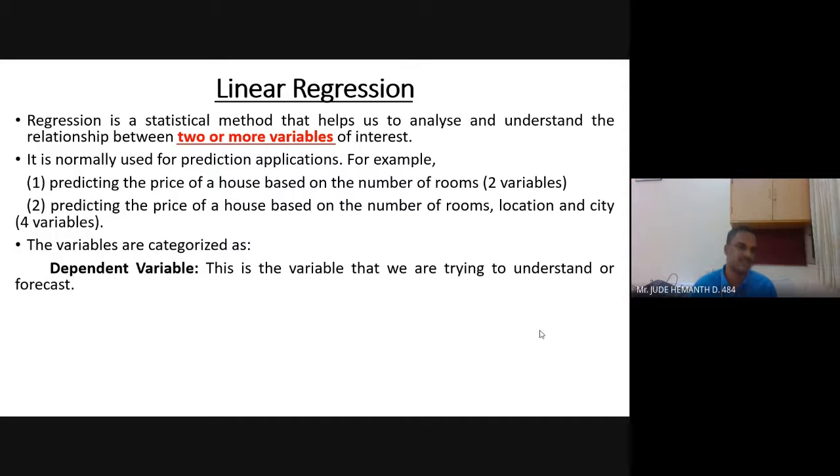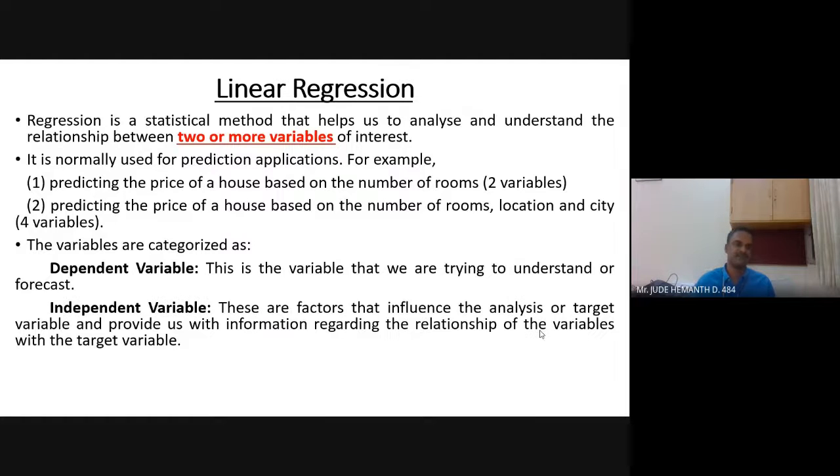That is what we are trying to predict. But why am I calling it dependent? Because it is dependent on the number of rooms, or maybe location or city or something like that. So when the number of rooms, location and city change, this variable is also going to change. So the price of the house in our example is called a dependent variable.